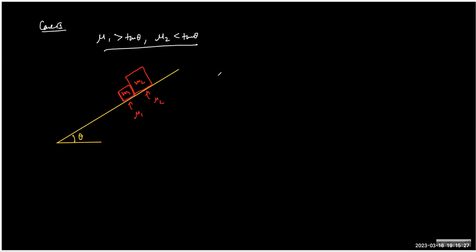So how are you going to find the condition under which they will move together? The normal acting between M1 and M2 should be greater than the net value.